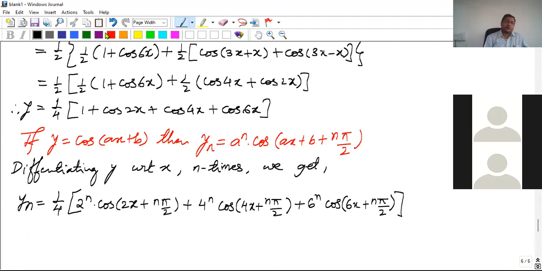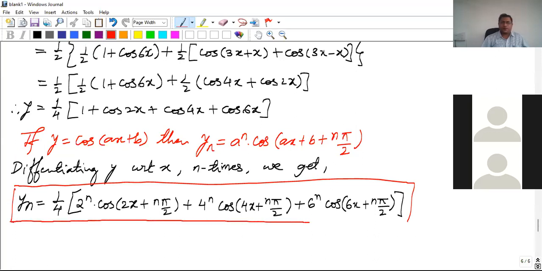So this will be the nth derivative of the given function. Okay, so we got this nth derivative.